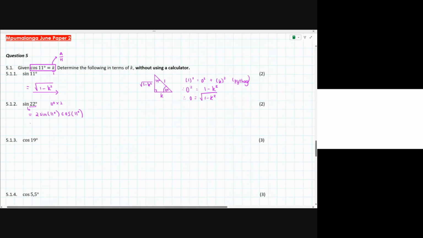Sine of 11 degrees, we just worked out in 5.1, was root 1 minus k squared. Cos of 11 was given to us originally, that was just k. If we multiply all this together and simplify, we get 2k root 1 minus k squared. So look out for double angles. Look out for reduction, co-ratios, compound angles, etc.